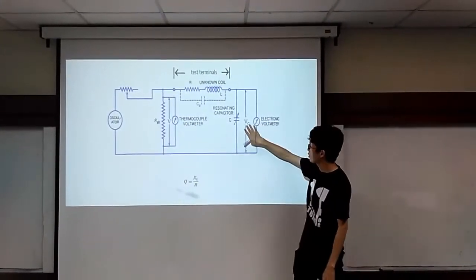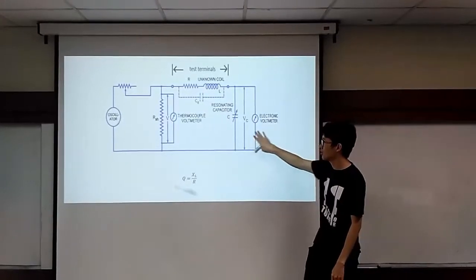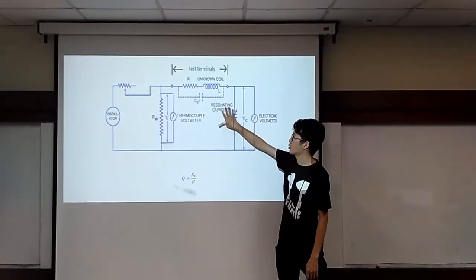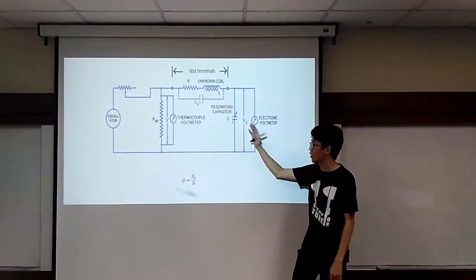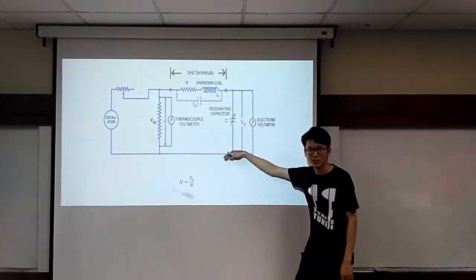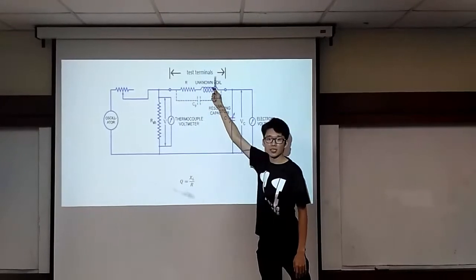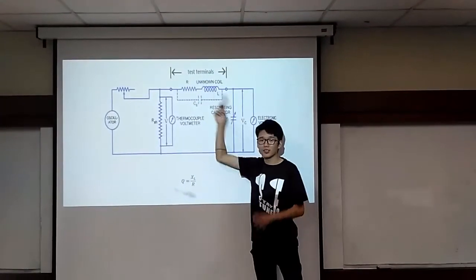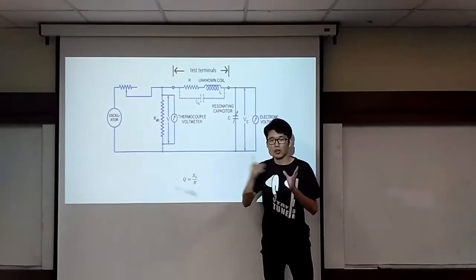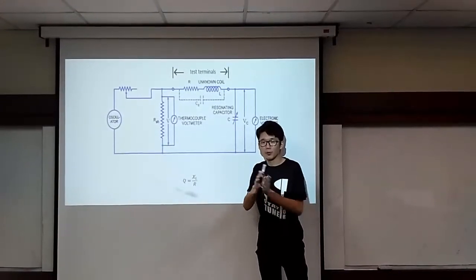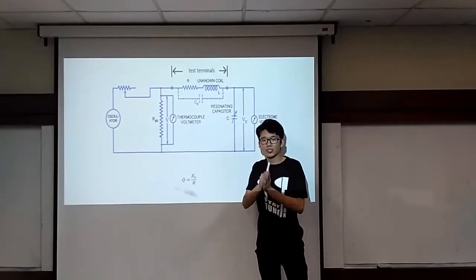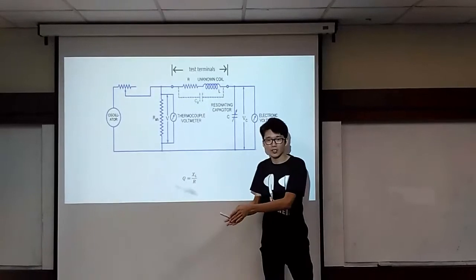Next, the electronic voltmeter will be connected in parallel to the resonating capacitor to measure the voltage across the capacitor. And lastly, here is a test terminal. This is the terminal that we will connect the coil that we want to test to measure its Q factor.